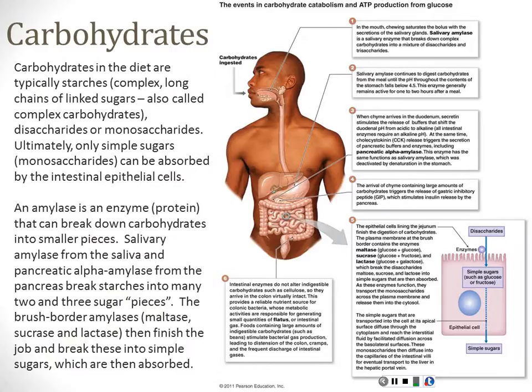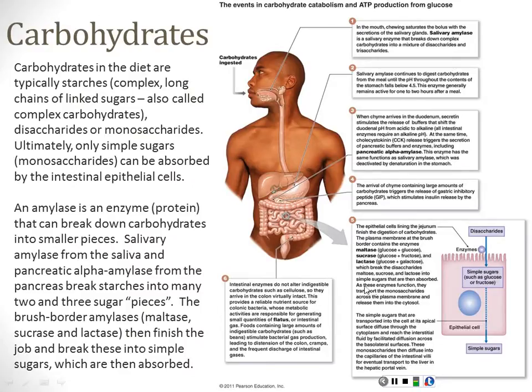I called it the brush border. It's here at the brush border of those cells that the last step of carbohydrate digestion happens. So there's enzymes attached to the Bart-Simpson hair here, the microvilli is the technical name for that. And those enzymes transform disaccharides into simple sugars.